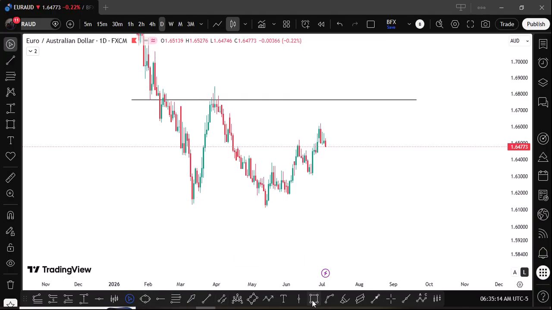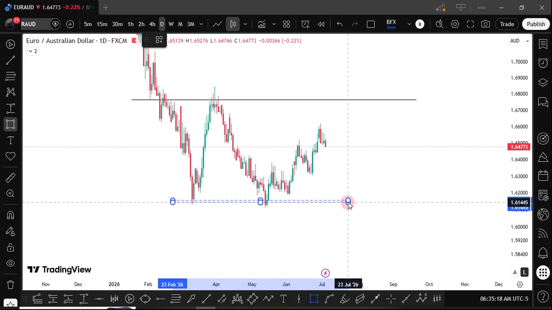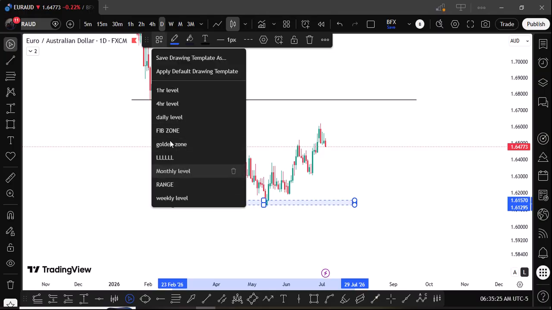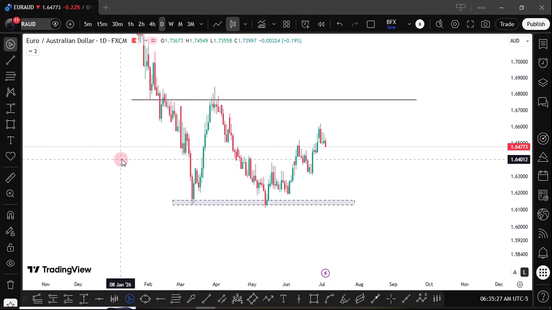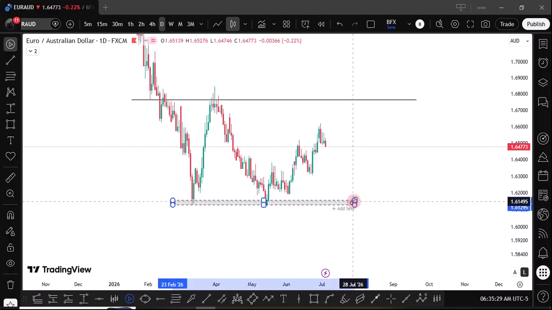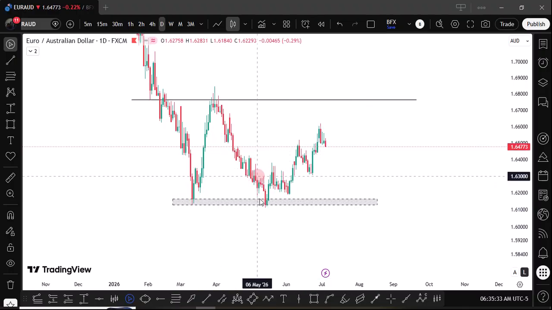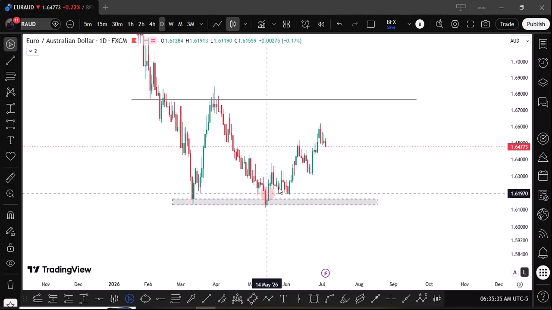You can just draw a daily level here, just to know that something was there on the higher time frame. So that's my daily support. You can see price bounced from this support and started moving to the upside.